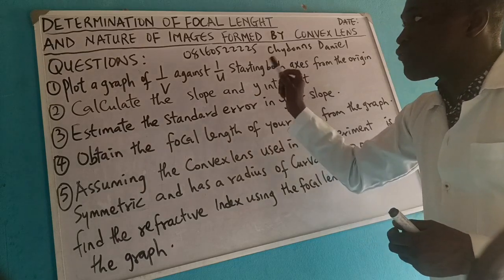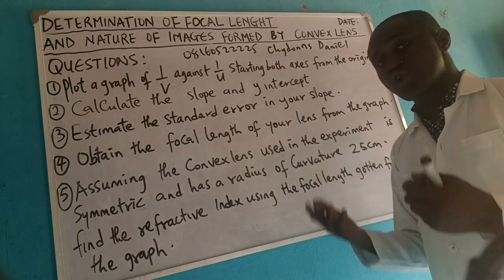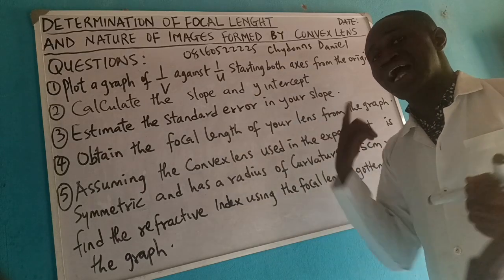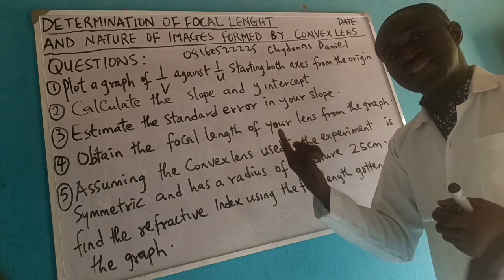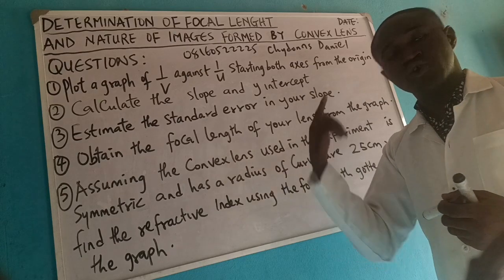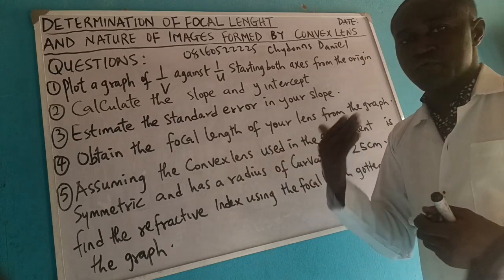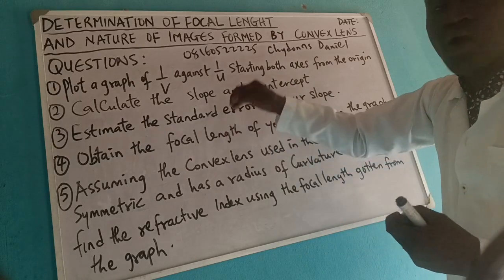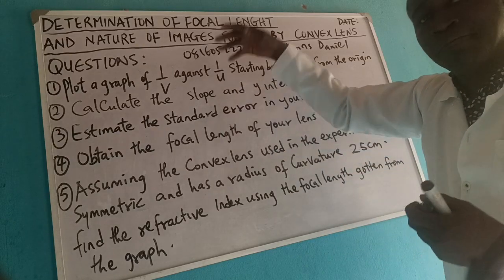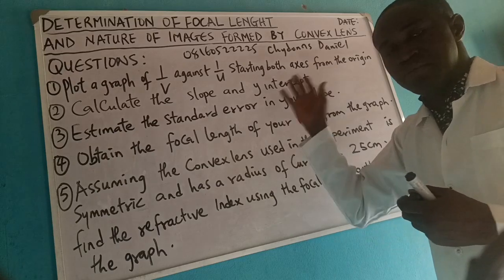From the theory of the convex lens experiment, you also know that at different positions you can get a real image, virtual image, inverted image, upright or erect image. All these are natures of image, but this experiment showed us that we have a formula we can use to get our magnified image and diminished image.